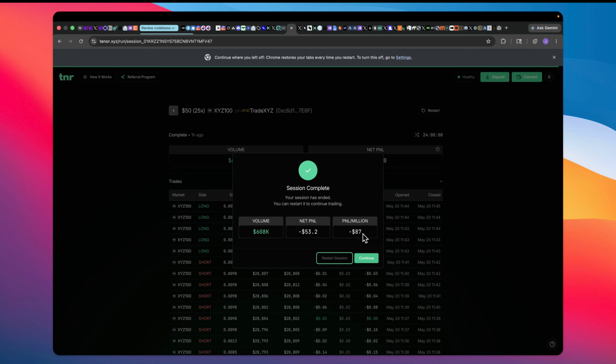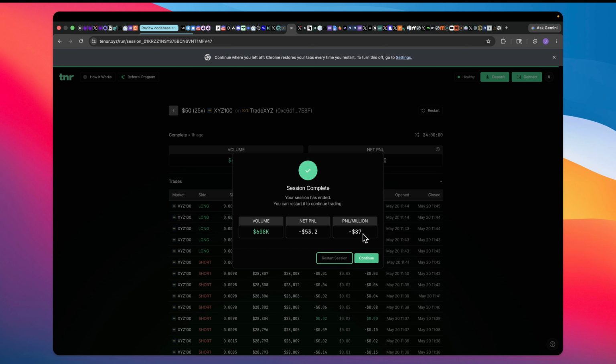Now, this platform is the cheapest when it comes to automated market making on perp dexes. The cheapest. Of course, there is TradeXYZ, which I'll link in the description. It gives you access to a wider range of perp dexes, but they have a builder fee on top of the base fee that Hyperliquid takes and stuff like that. Tenor have decided to remove that, making it extremely cheap.